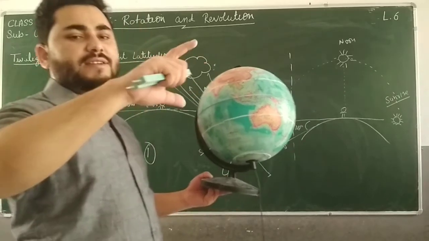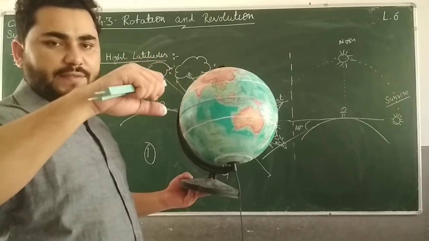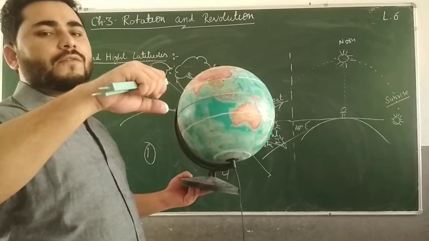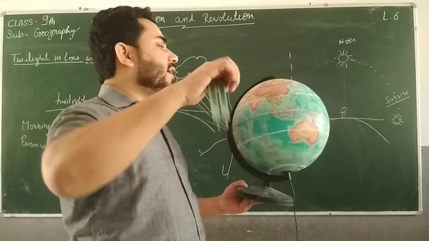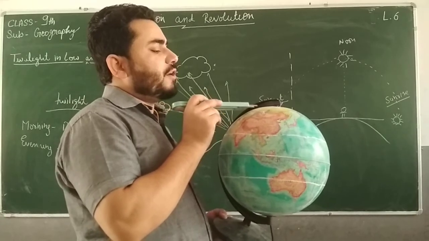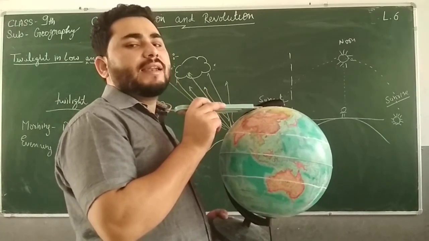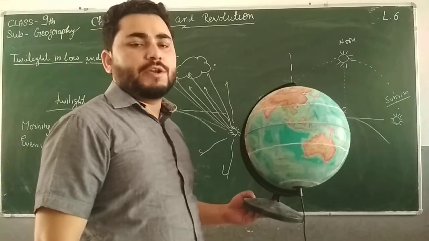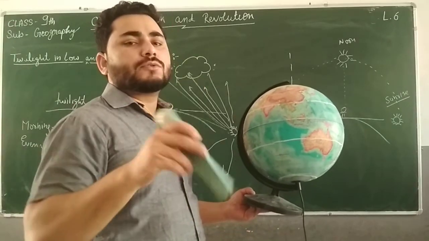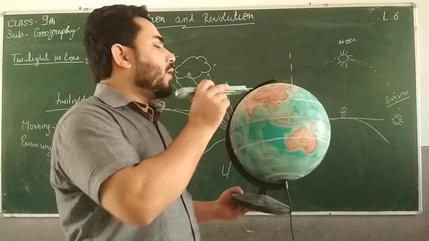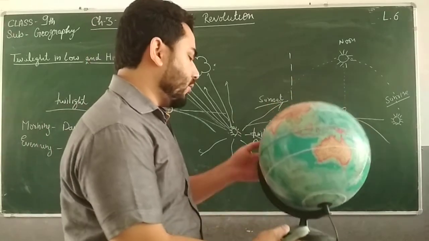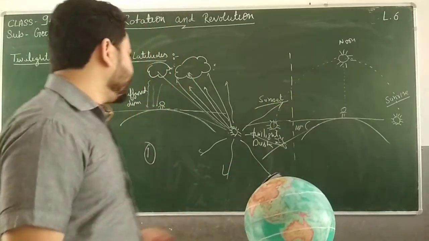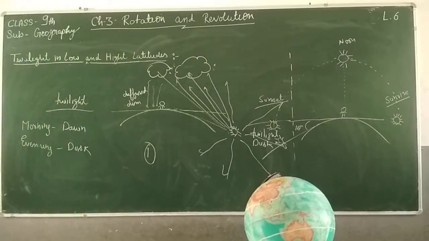Why? First reason, because sun rays are falling slantingly there, the angle of incidence is very low. And the second thing is that the speed of rotation at the higher latitudes is very slow. So these are the two reasons why the twilight duration is longer as we move towards the poles, at the higher latitudes. I hope you would have understood all these things.